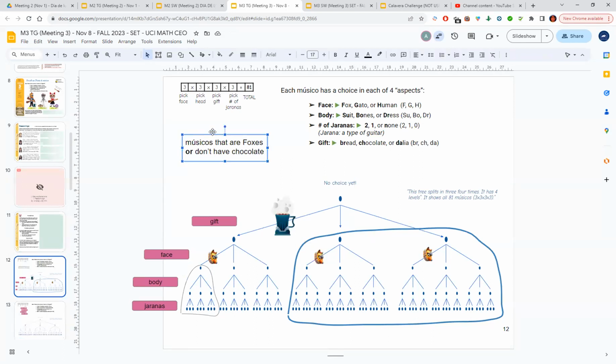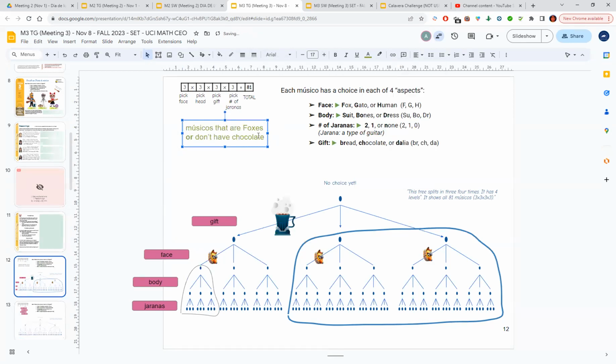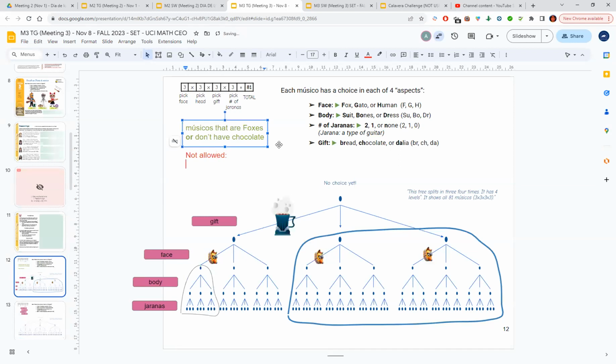Another way to count this is using more logic. So if I am interested in músicos that are foxes or don't have chocolate, I am saying something like who is not allowed in my room. So if I'm checking whether you want to enter the room or not, then you have to think about it: I am making the foxes or those who don't have chocolate enter. So you would be saying if you are not a fox, be very worried.